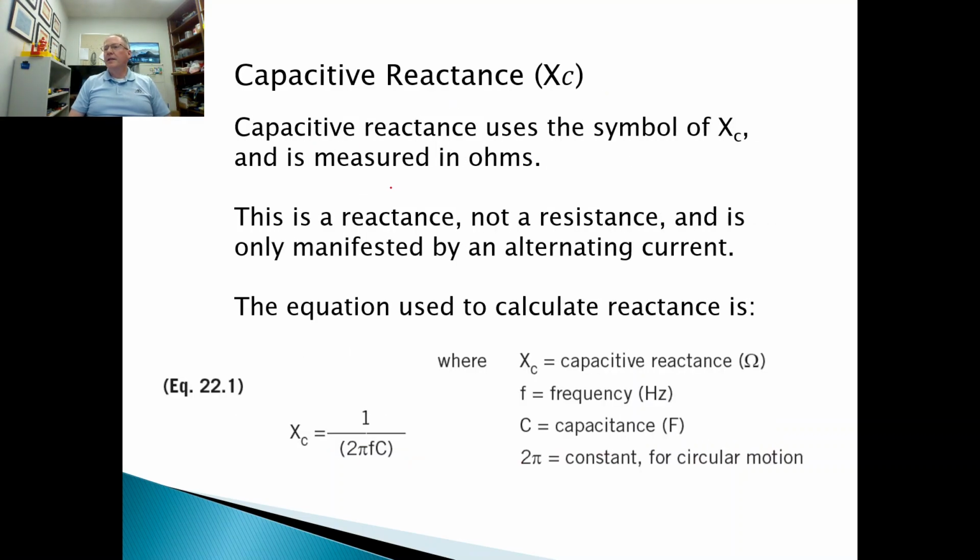All right? Now, the formula here is X of C, which is measured in ohms, equals 1 over 2 pi times the frequency times the capacitance in farads. Okay?